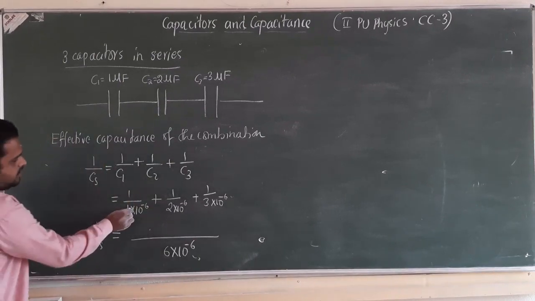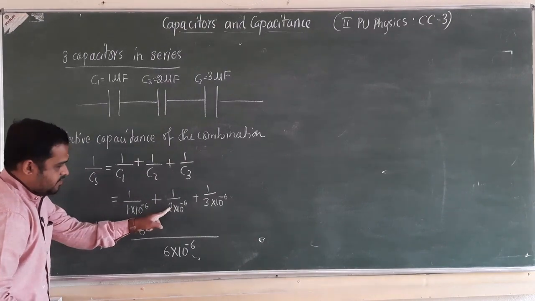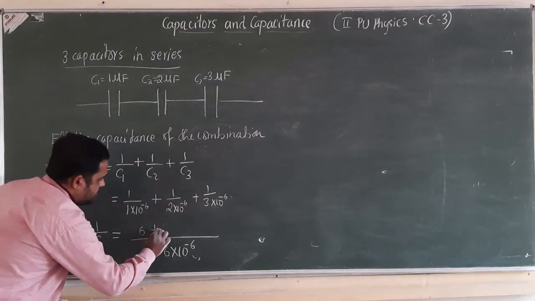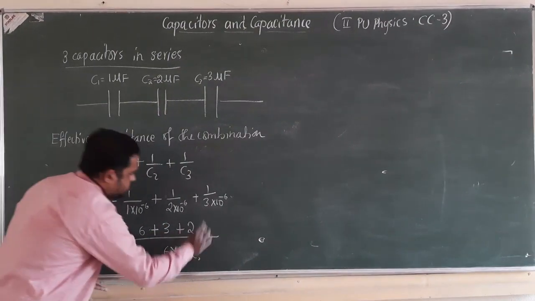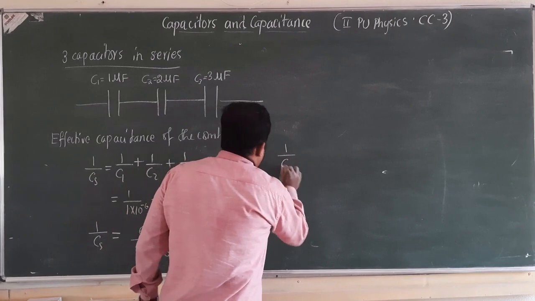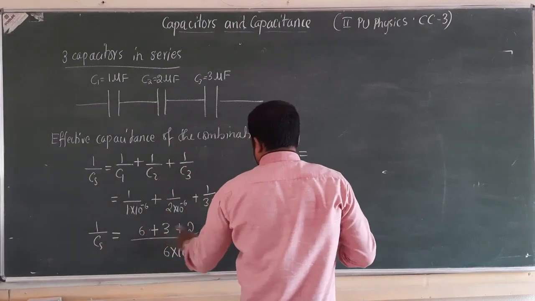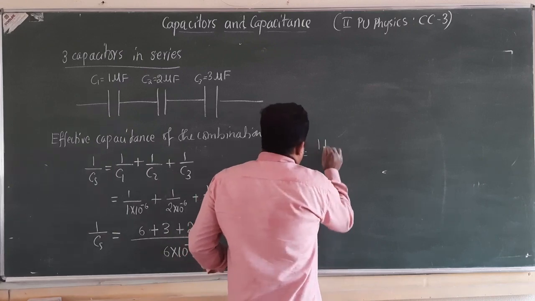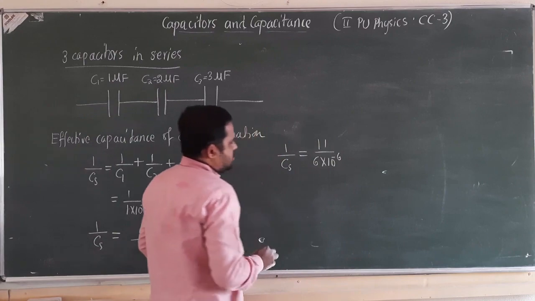Over 6 into 1, here multiply by 3 to get 6, so plus 3, and here into 2, plus 2. So 1 by Cs is equal to 6 plus 3 is 9, 9 plus 2 is 11, 11 divided by 6 into 10 to the power minus 6.